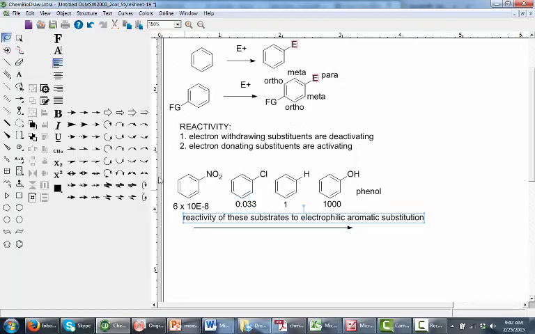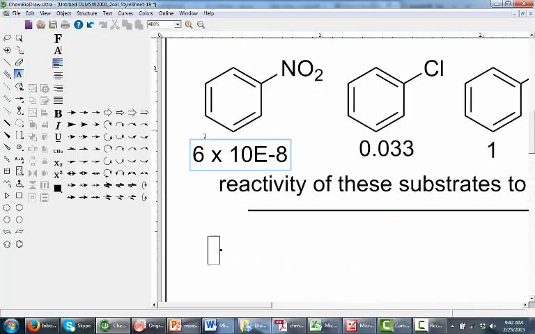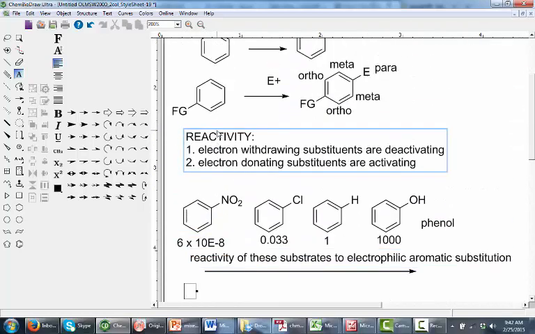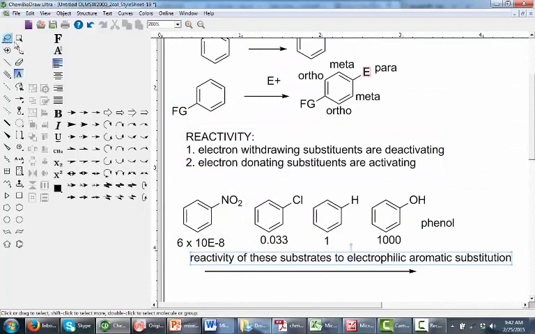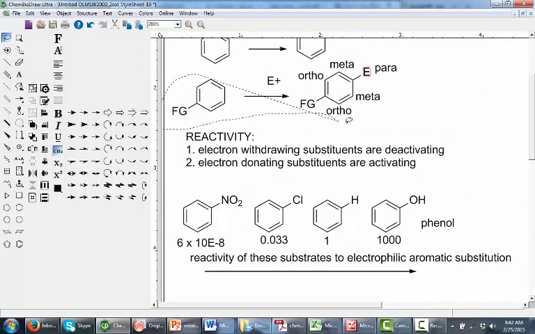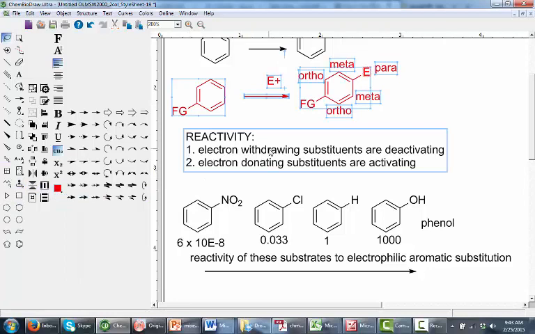The regioselectivity of the reactions are also affected by substituents that are already on the benzene ring. And what I mean by that is when I have this case of the functional group, let's zoom in up here. Here, this case over here, which is what I'm talking about, the identity of the functional group determines where the new electrophile is going to add.